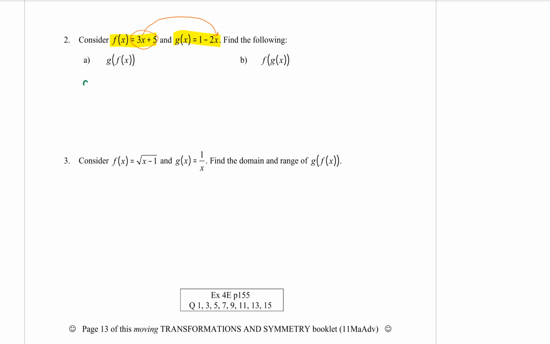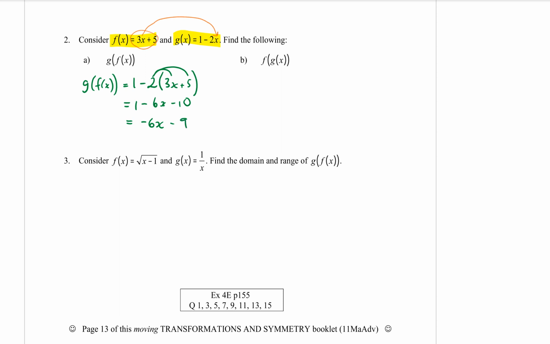So g of f of x equals 1 minus 2, but instead of x, my x is now the 3x plus 5. And I expand that out, would be 1 minus 6x, and then minus 2 times 5 makes minus 10. Collecting up like terms, I have minus 6x. 1 take away 10 is negative 9.